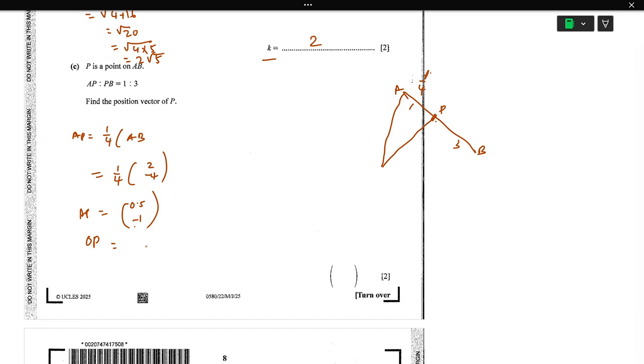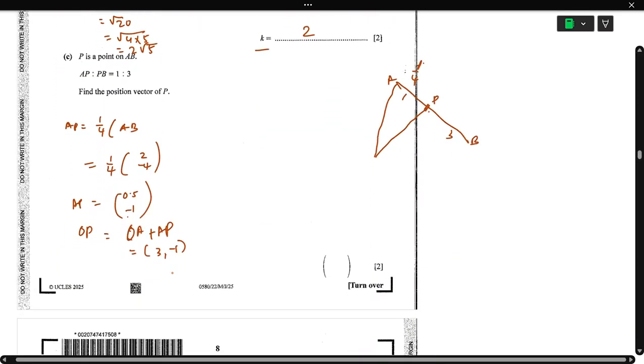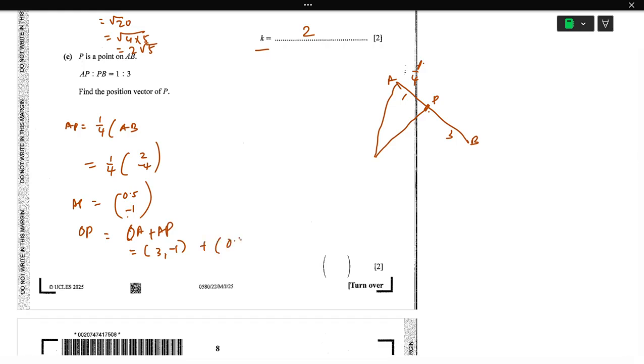OP equal to OA plus AP. OA is the A coordinate, 3 comma negative 1, and AP is 0.5 and negative 1. So 3.5 and negative 2. So the answer is 3.5 and negative 2.